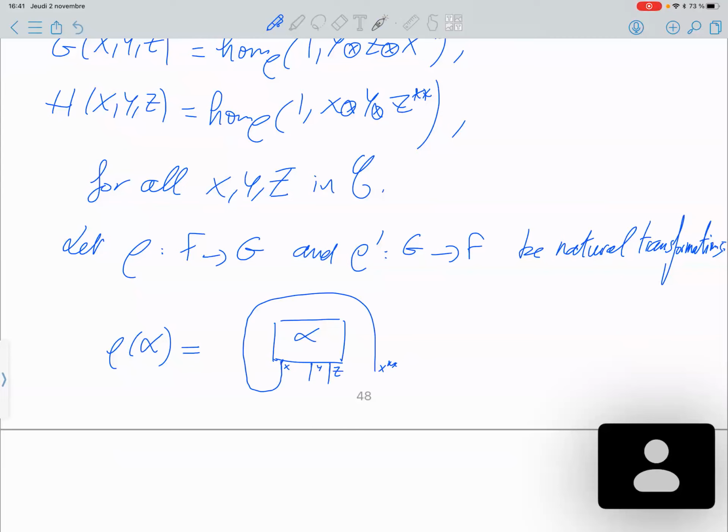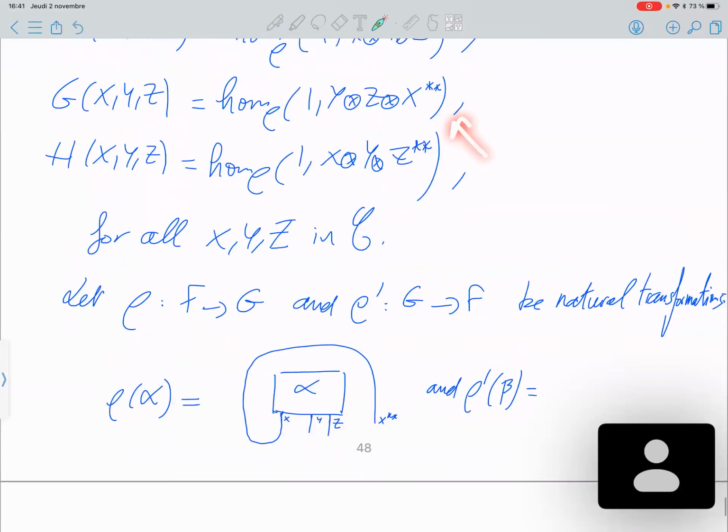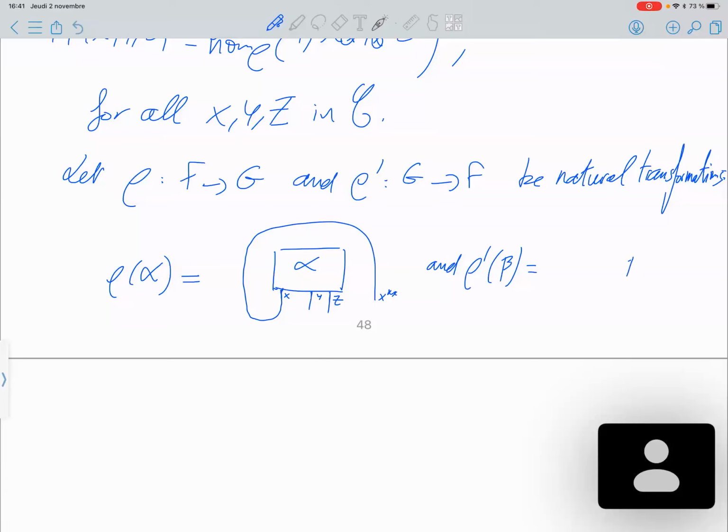And rho prime of beta in this set will be just, in fact, the inverse, like that. Y, z, x double star, and x.